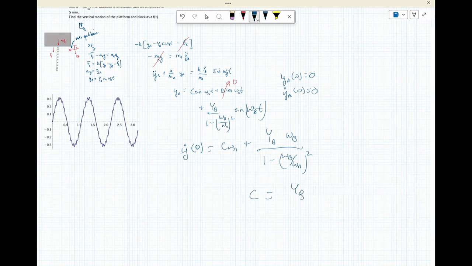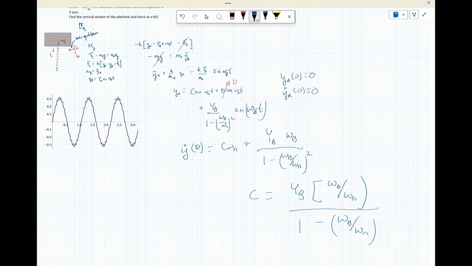I will end up with a mess of terms, but it includes minus omega b over omega n squared. So I have the constant, I have all the terms I need.